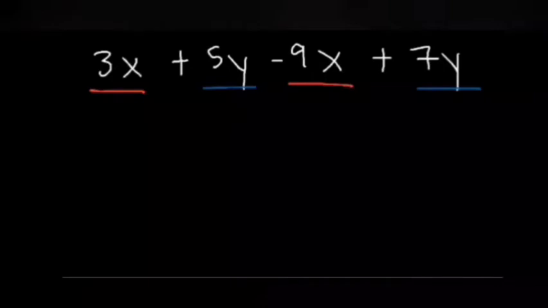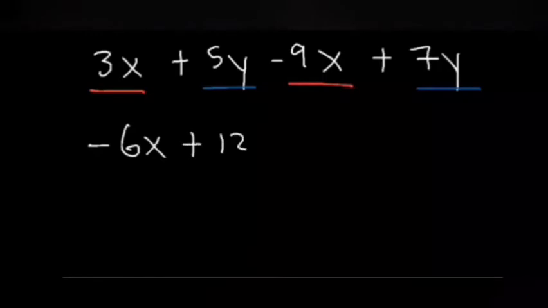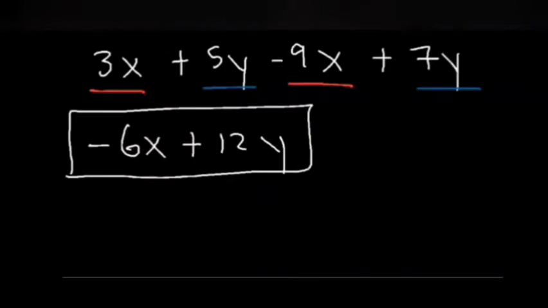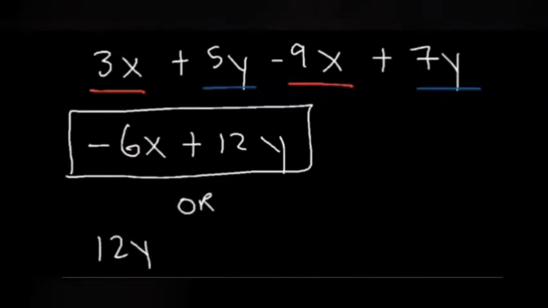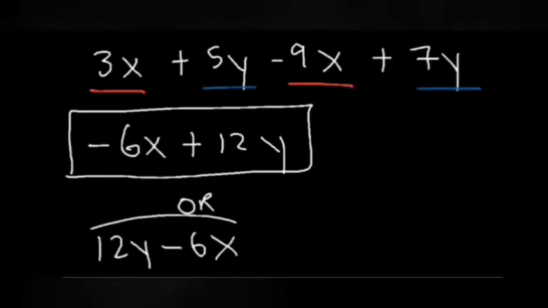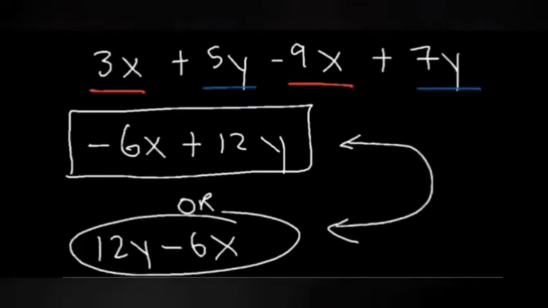So 3x minus 9x gives us minus 6x, and plus 5y and 7y gives us plus 12y as our answer. Or you can also have it as plus 12y minus 6x. That is our answer.